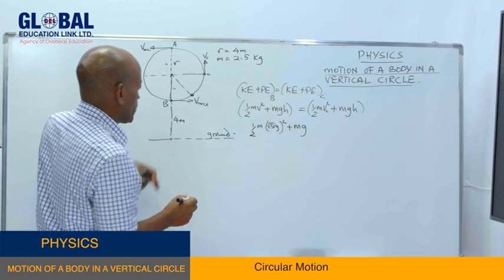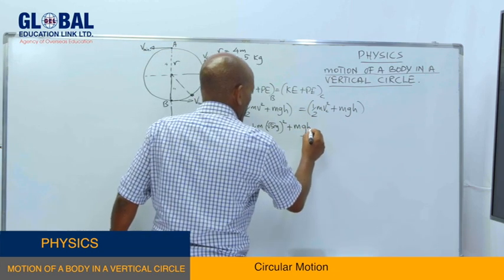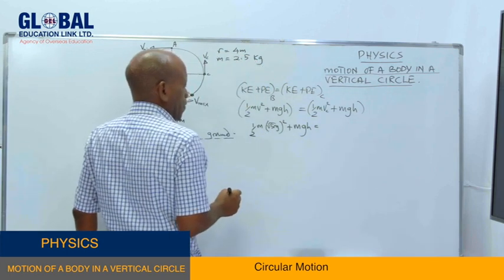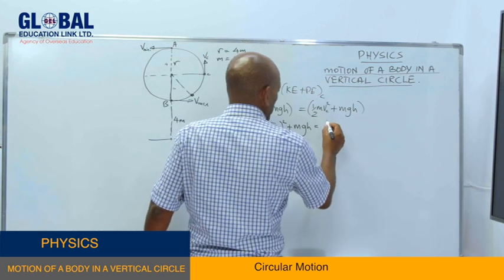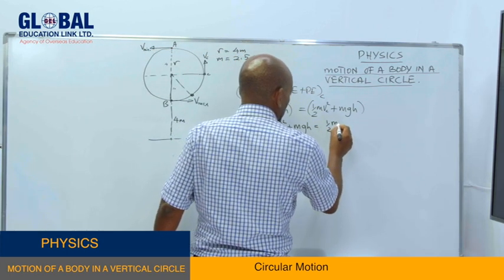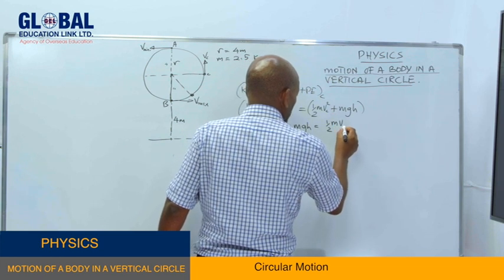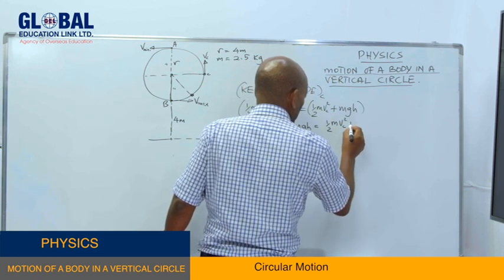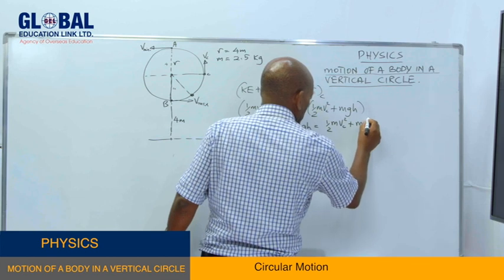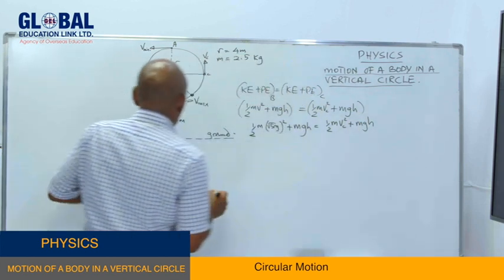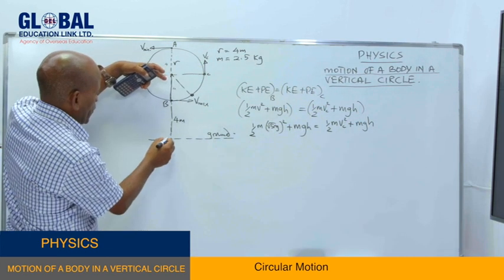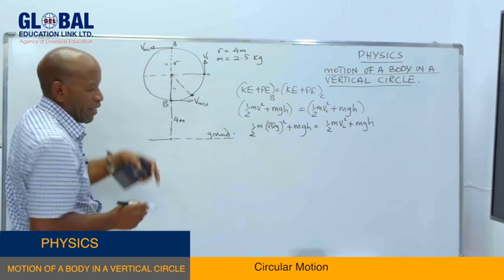So h is this 4 meters there. And therefore, this will be equal to a half times mass m times the velocity at c squared, plus m times g times h. The h at this point is this 4 meters plus that 4 meters.